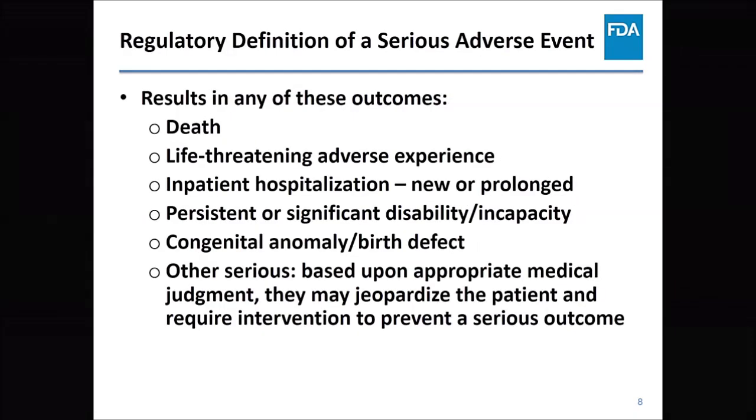Per regulatory definition, a serious adverse event is one that results in death, is life-threatening, results in or prolongs hospitalization, results in disability, congenital anomalies, and the category of other serious, which, for example, includes things that would require intervention in order to prevent a serious outcome. And cases of SJS-TEN could fit multiple categories.